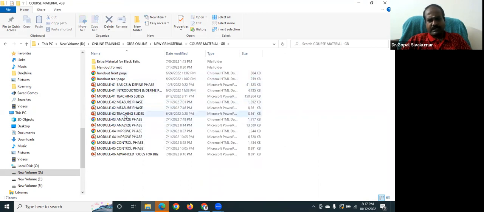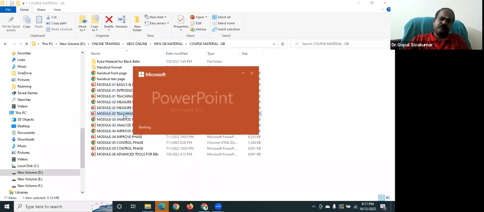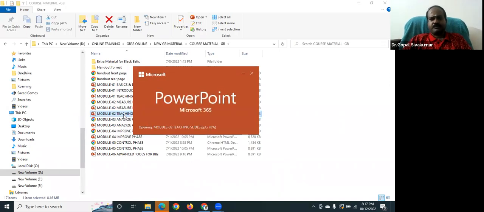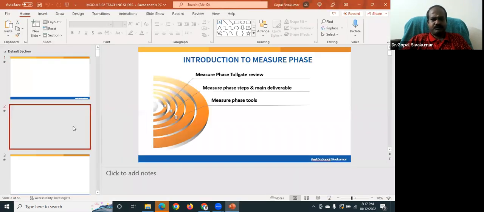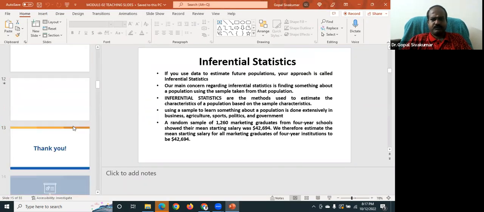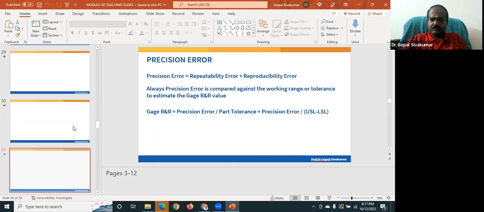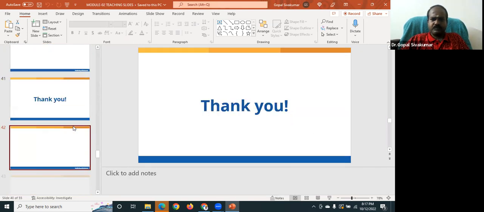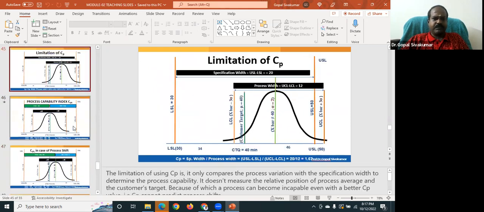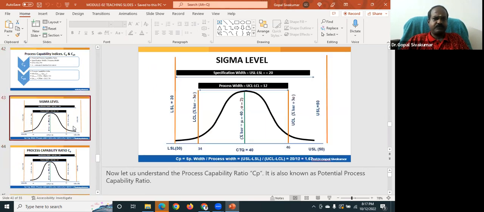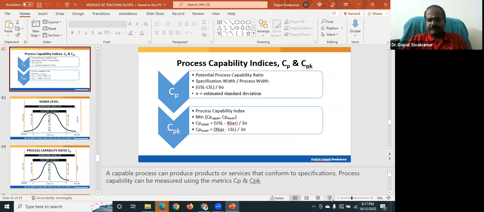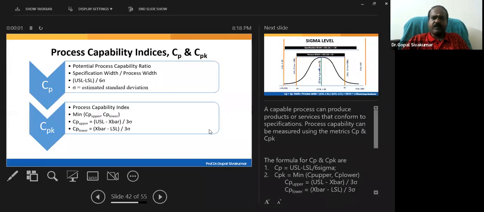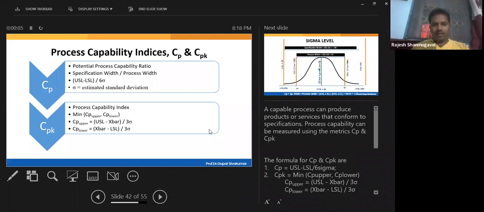On to the measure phase module. Here is the point. Very good. Can all of you see my slides? Yeah, it's visible. Properly visible, right?